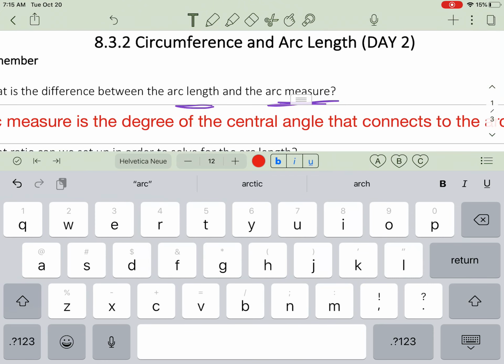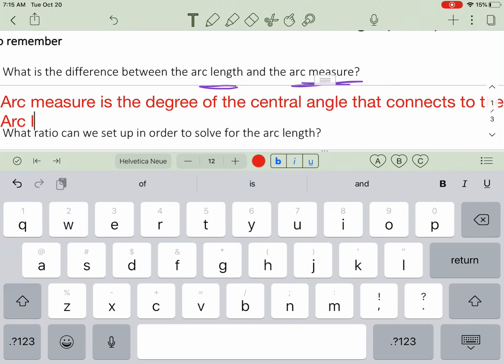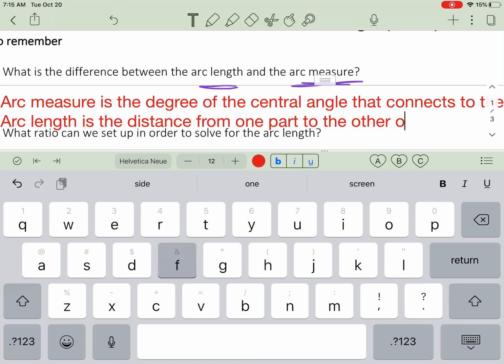Whereas arc length is the distance from one part to the other of an arc.